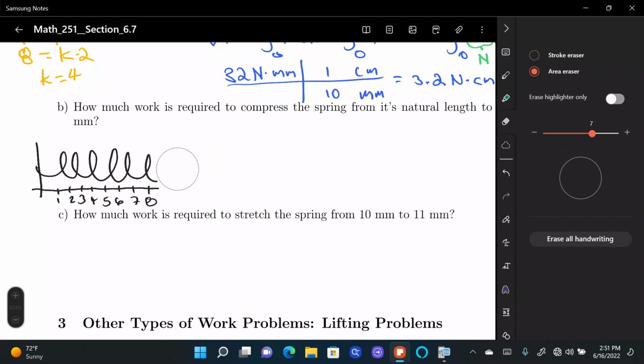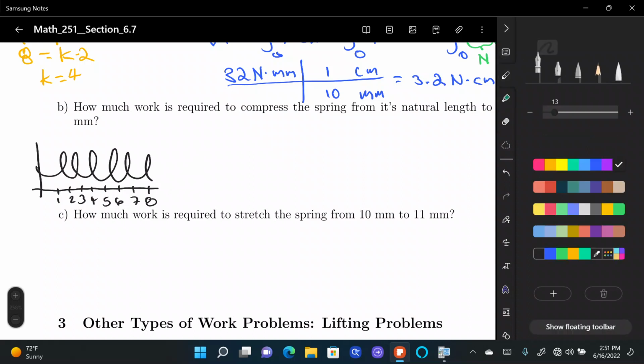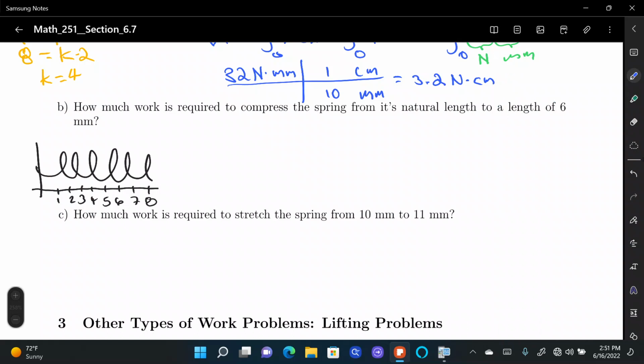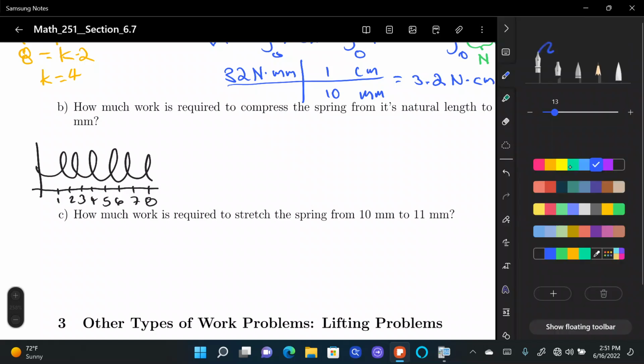Those are our 8 millimeters in our spring. So in this case, we're compressing this from 8. We want to go to 6.